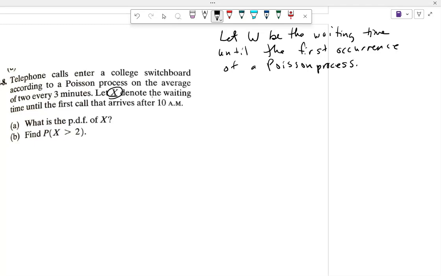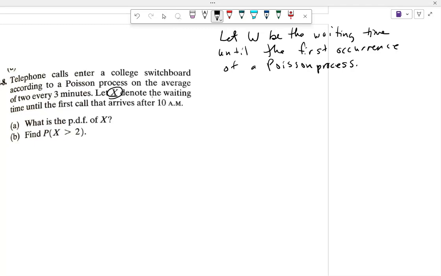Calls coming into a switchboard, people walking into a bank, looking at number of flaws in a roll of aluminum, what have you. I'm going to inspect or wait, calculate the time until the very, very first thing comes in. First call comes in, first customer comes in, first flaw I see. Okay? All those are a waiting idea. Right? So that's what my W is doing.